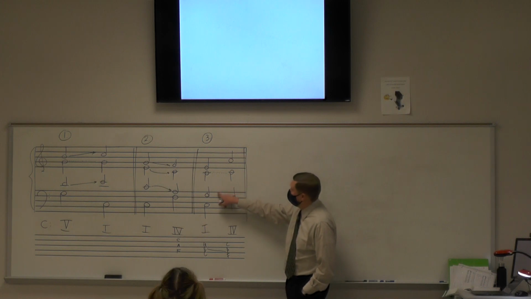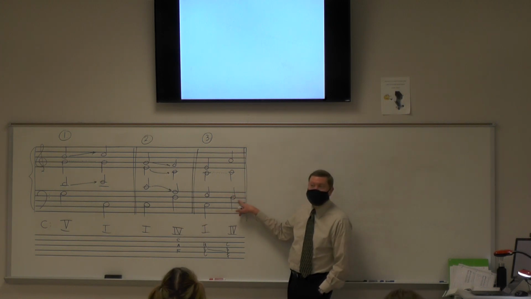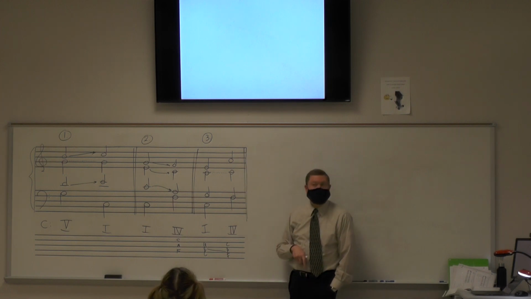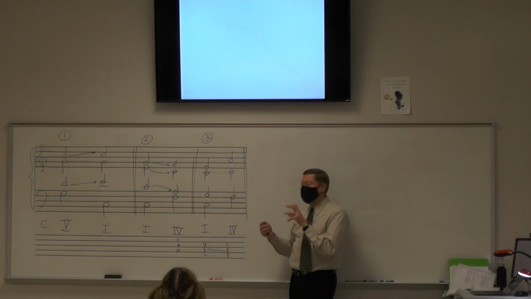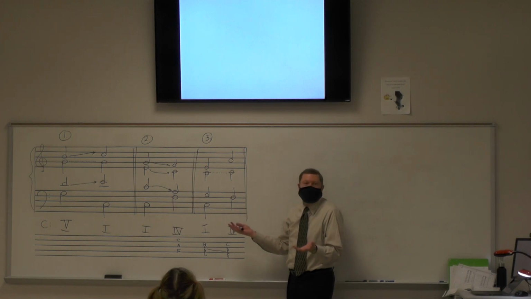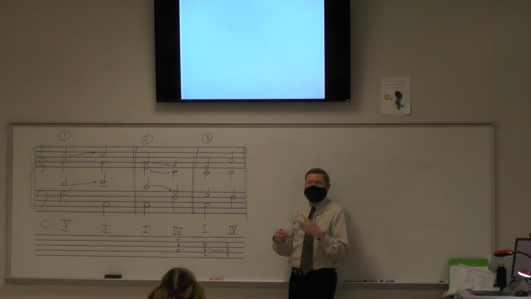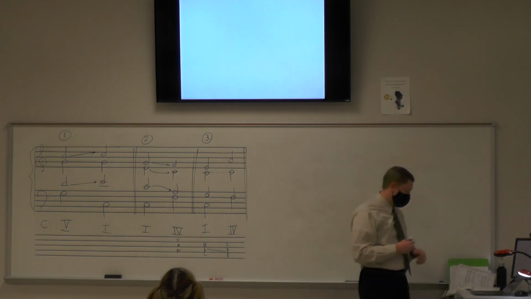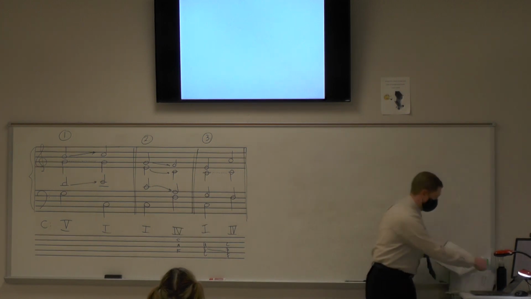So this is closed structure, but this chord is open structure. You see how the soprano and the tenor are over an octave apart? So guideline 3 will always change your chord structure. And it doesn't matter because you can use closed or open structure at all times. But just so you know, that's what it does. It'll change you from open to closed or closed to open structure. That's what it does if you implement that guideline correctly.